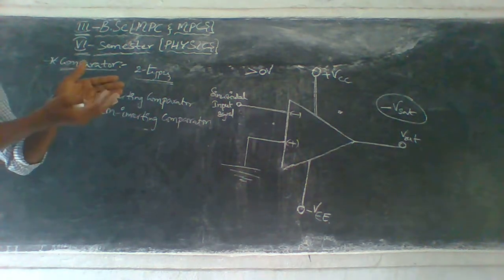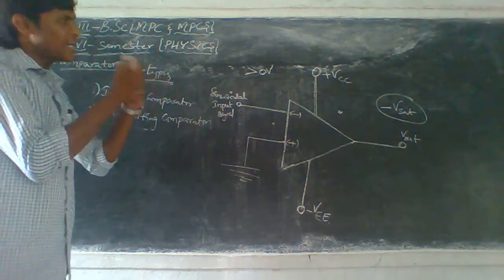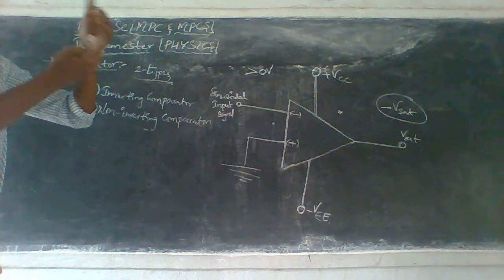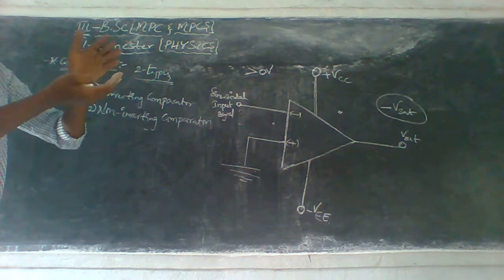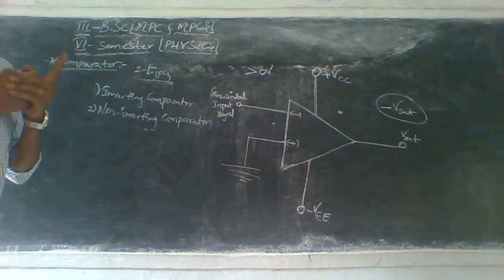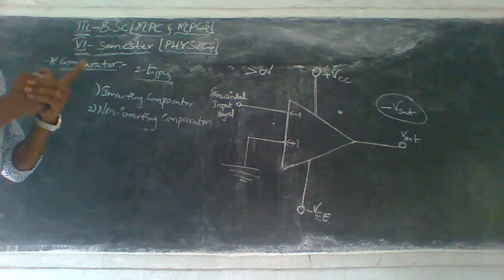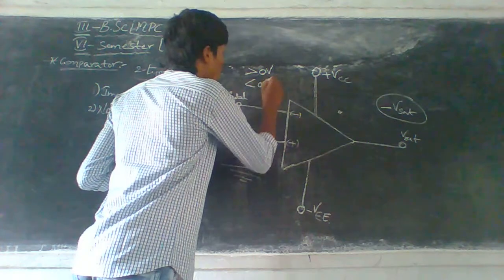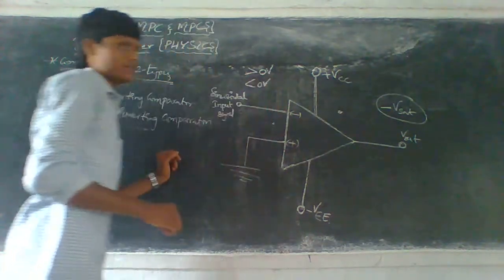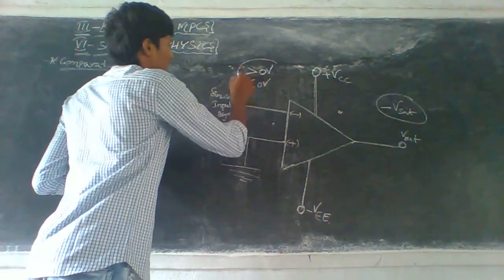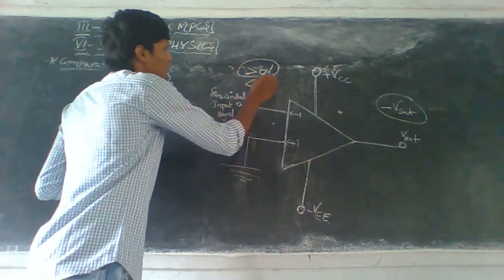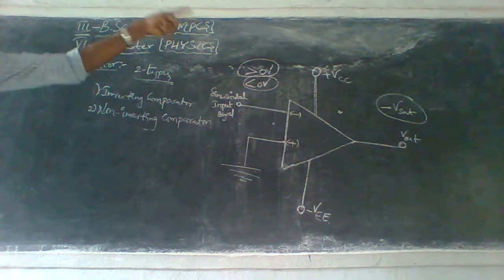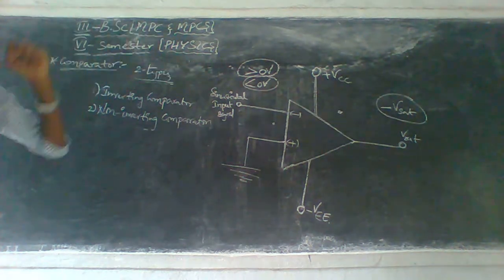Similarly, during the negative half cycle of the sinusoidal input signal, the voltage present at the inverting terminal of the operational amplifier is less than 0 volts. For positive, greater than 0 volts. For negative, less than 0 volts.